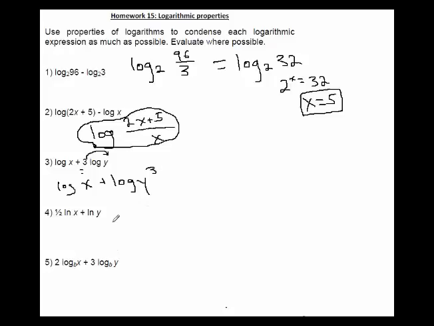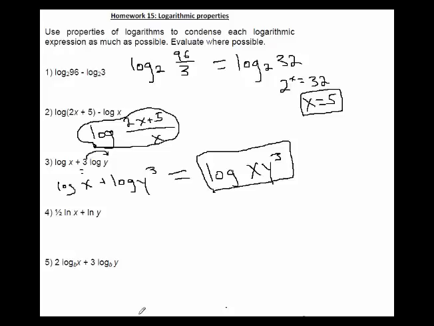Now we can combine them, because two logarithms being added is the same thing as the expressions multiplying. So this is the same thing as log of x times y to the 3rd.